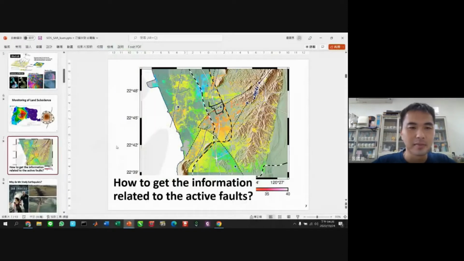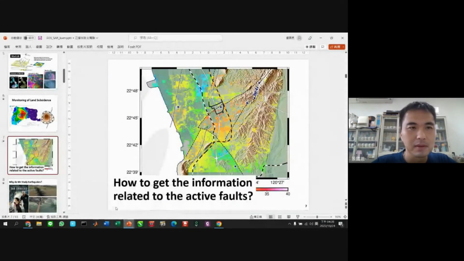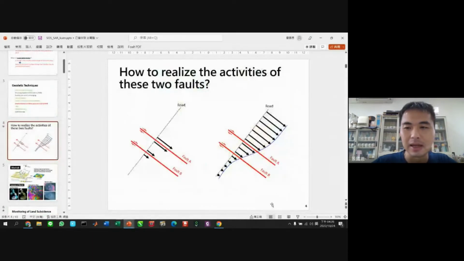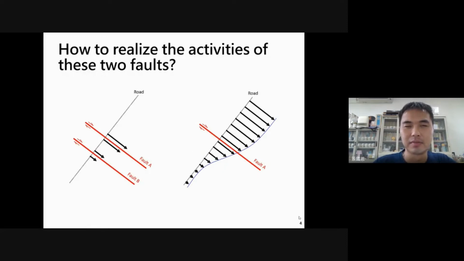So again, like the case study here, we could not just use 2 points across the fault to identify the activities of the fault.